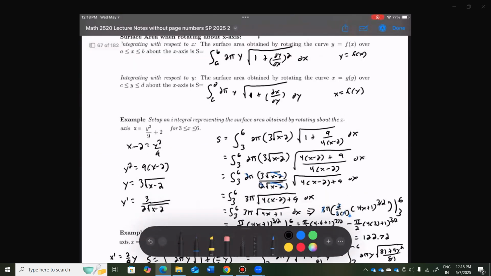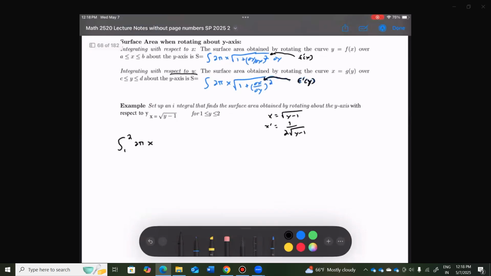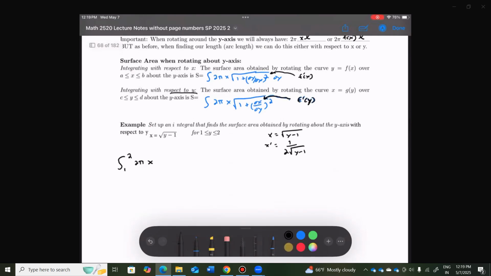You're supposed to use x's. Give me one second here. Okay, yeah, I have to do the substitution. I just wanted to make sure I was right.